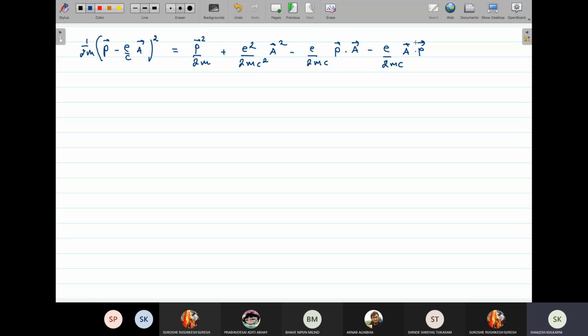So the P dot A term is nothing but minus i h cross del dot A, which in the Coulomb gauge is equal to 0. And what is A dot P?